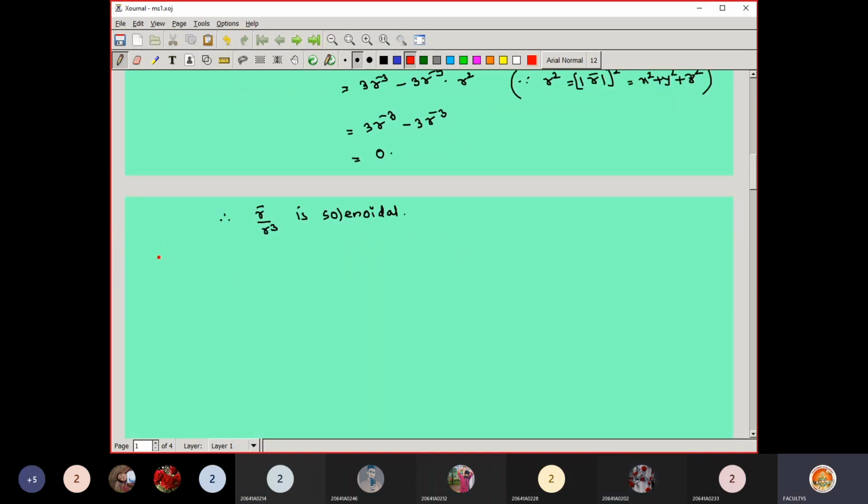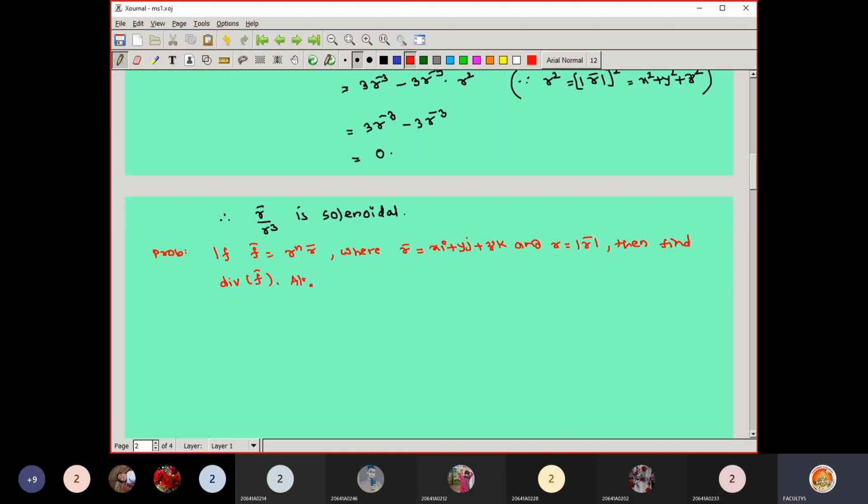So I'm giving you one more different problem. The problem is: if f bar is a function given by f bar equals r power n into r bar, where r bar is xi plus yj plus zk, and r equals modulus of r bar, then find the divergence of f bar.